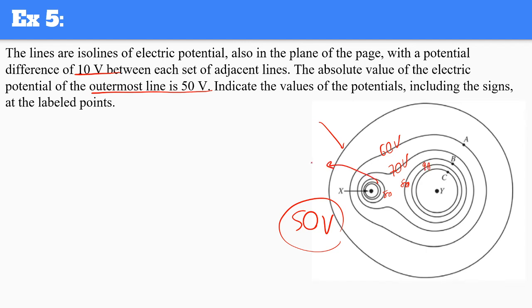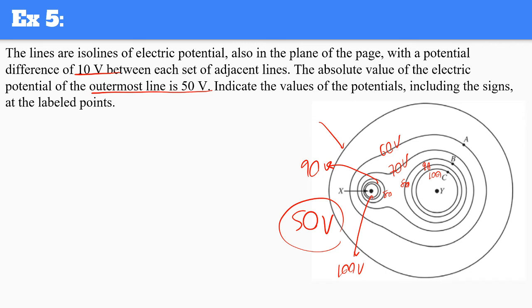This one right there is also 90, and this is 100, and the inner layer is going to be 100 volts. All right, so that tells us the potentials at those points.